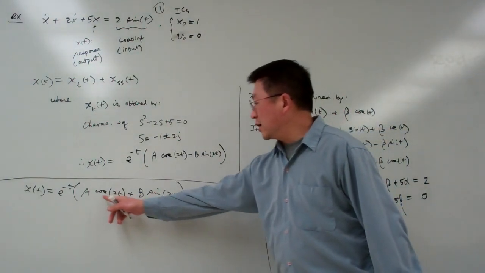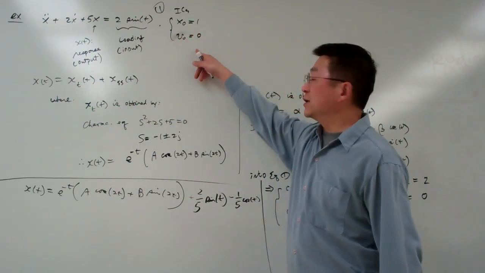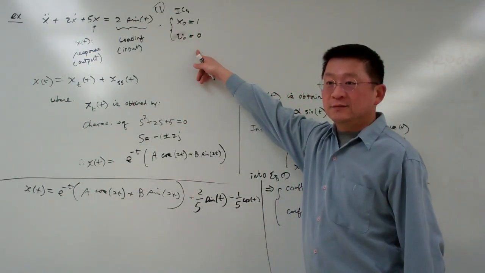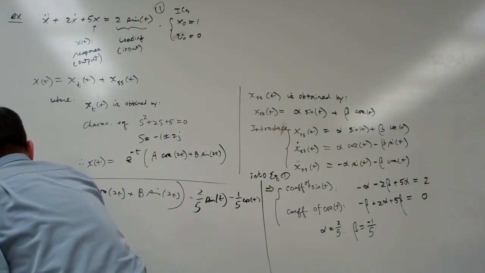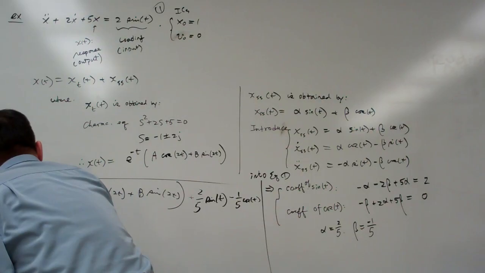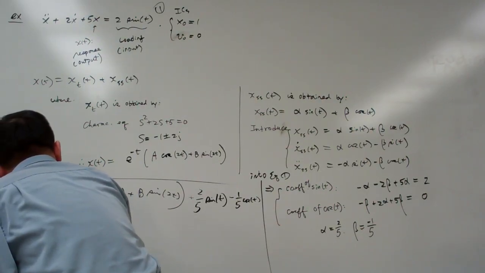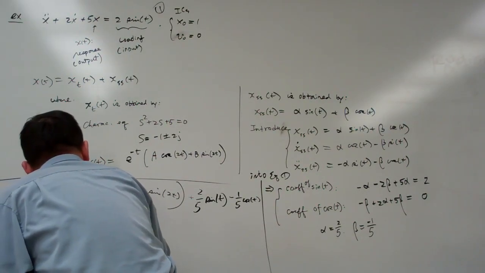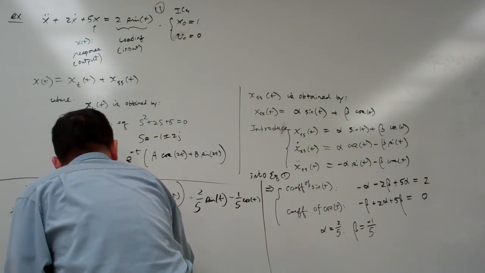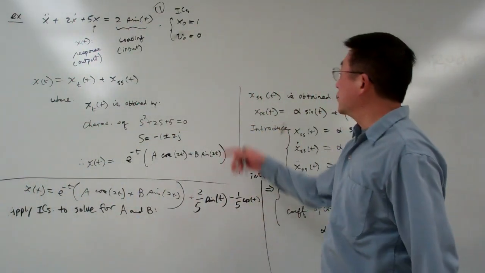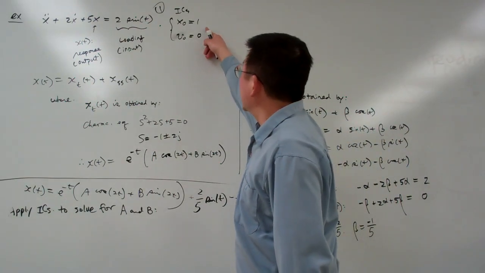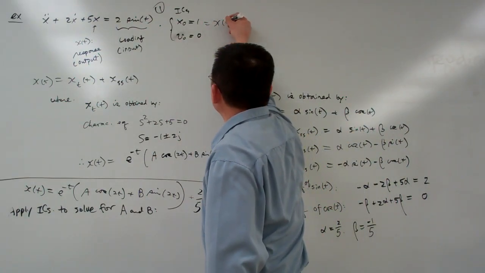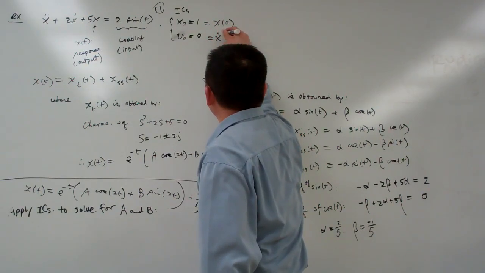To solve for A and B, we can use the initial conditions here. So apply initial conditions to solve for A and B. Here you simply plug in the initial conditions, that is x(0) and x dot (0).